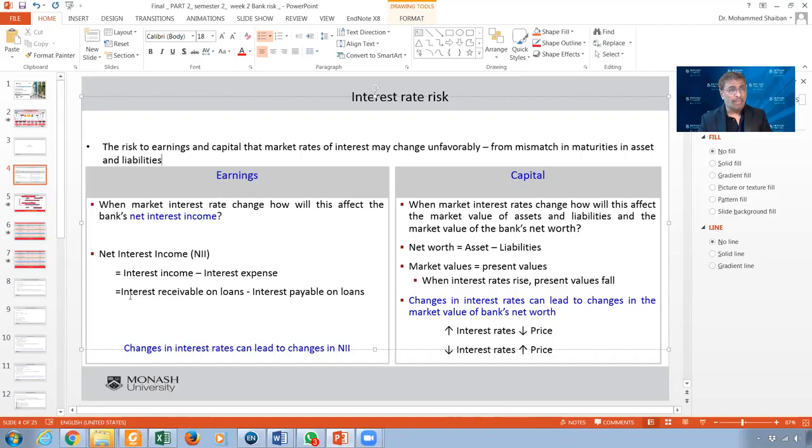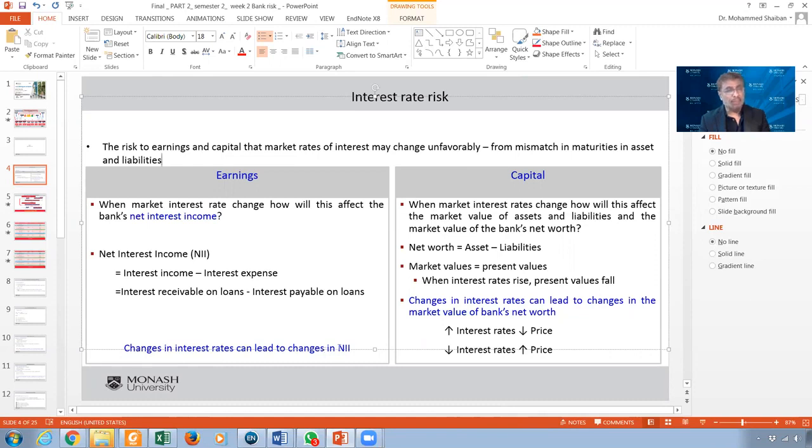The interest income is interest receivable on loans, and the interest expense is the interest payable on deposits or payable on loans.